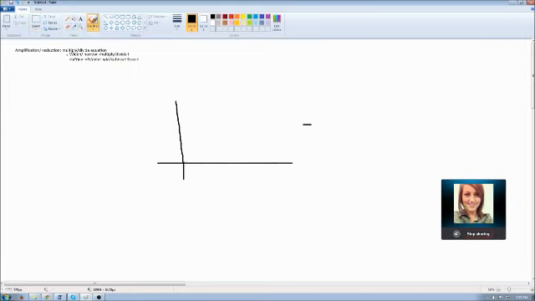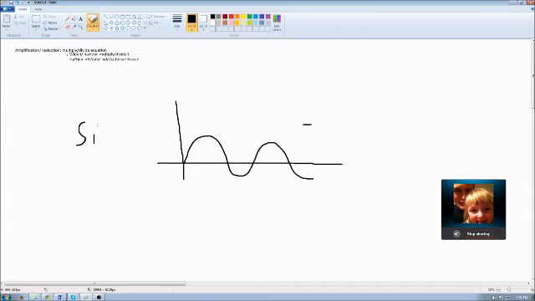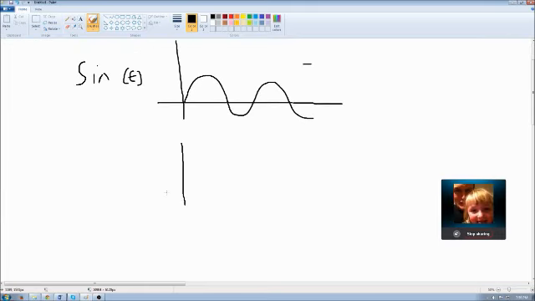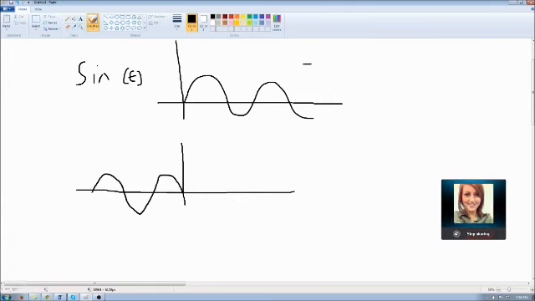So if I have this equation, sine of t, then that equation would be sine of negative t.